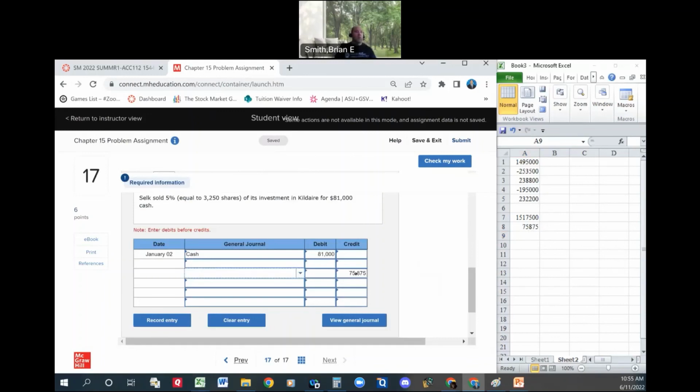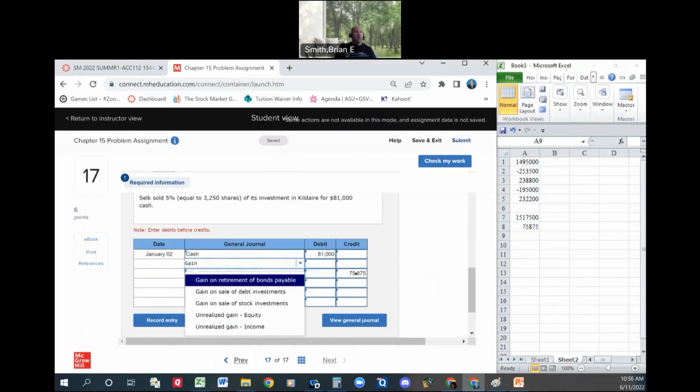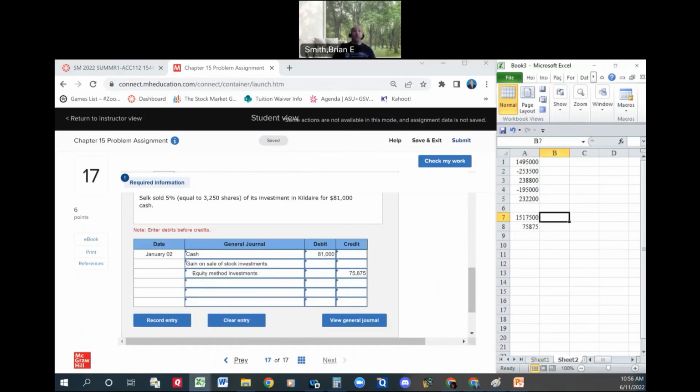Equity method investments. Gain on sale of stock investments. And what is our gain? 81,000. We're going to take that minus the cost of it, 75,875. 5,125 should be our gain.